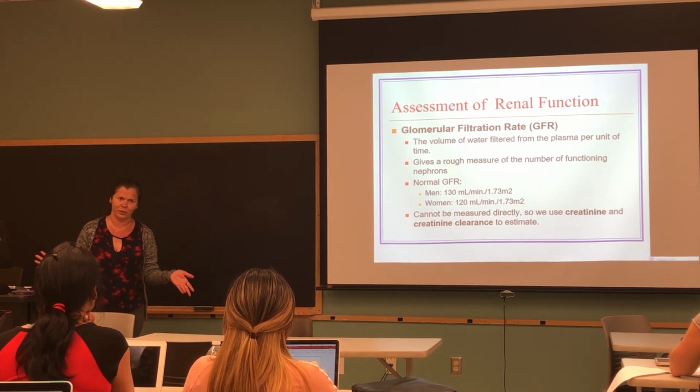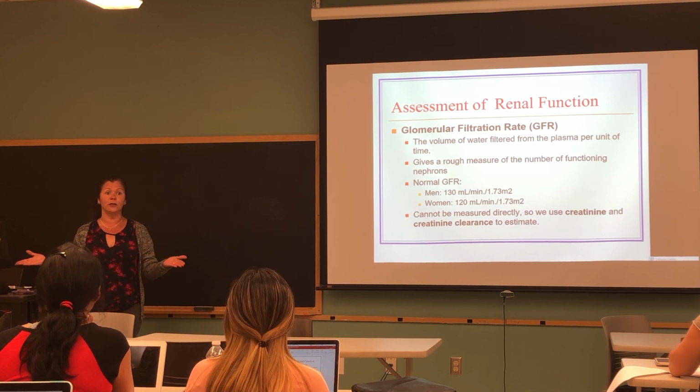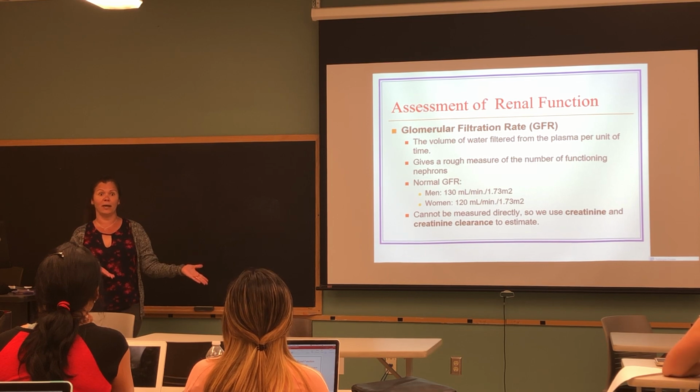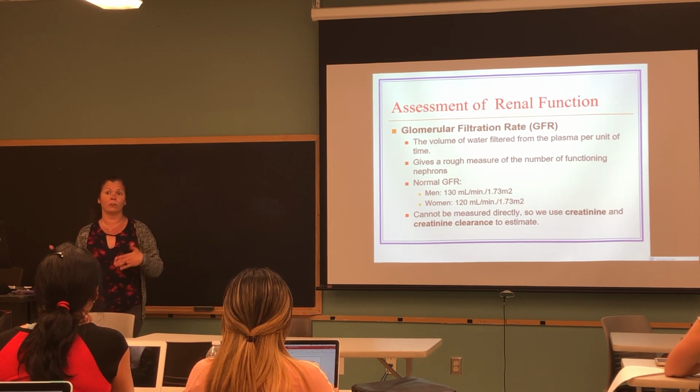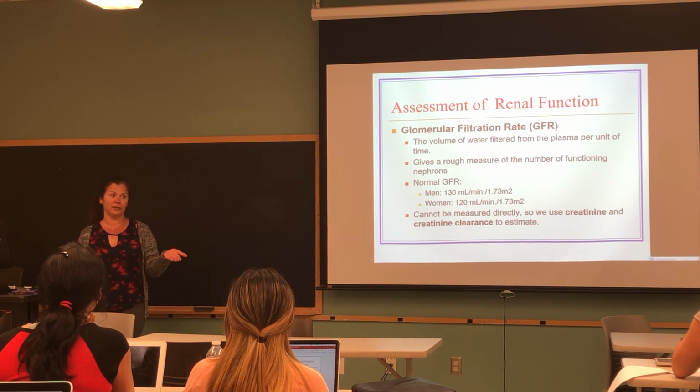Which I'm not going to test you on, but just to have in mind why we have a difference. First of all, muscle mass, right? The man has more muscle mass than the woman. Women have more fat, more water. Therefore, our glomerular filtration rate is less, the same as creatinine, compared to the guys, okay?